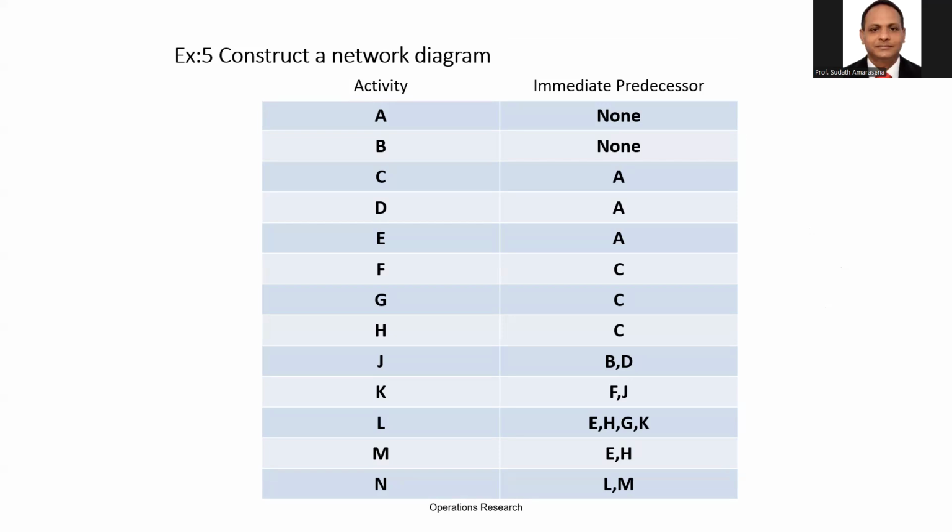These are still examples for beginners to get the idea clearly. Okay, let's start now. A none, B none, C A, D A, E A. You can maintain your result sheets likewise, much better. Go ahead yourself, draw the diagram. I'll give you 3 minutes maximum.